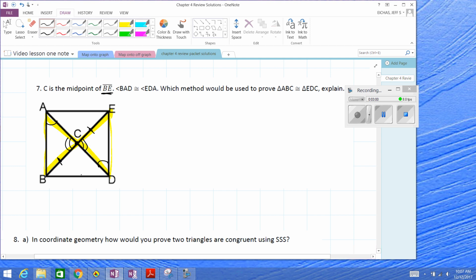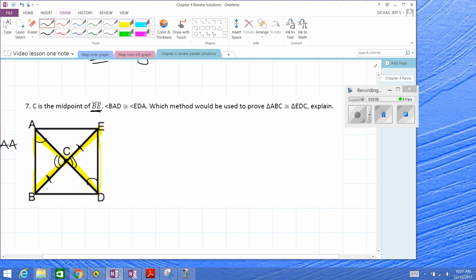Now, which of the triangle congruence methods? It looks to me like, again, you got two pairs of angles, so two A's. Does the S that we have fit in between or to the outside? Well, this would be the in-between side. That's not the one. So it's going to be the angle-angle side triangle congruence theorem.